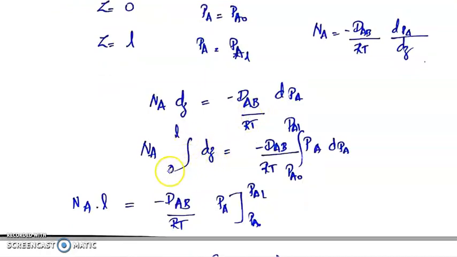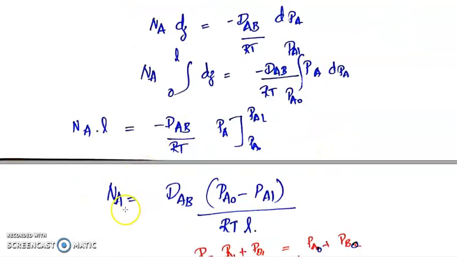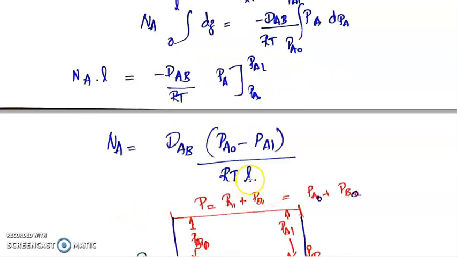So this is the integral from 0 to L of dz times NA, equal to minus DAB by RT times the integral from PA0 to PAL of dPA. Here PA is the partial pressure of A. Applying the limits, I get NA is equal to DAB (PA0 minus PAL) by RT into L. Here PA0 is the initial partial pressure of A where the diffusion started, and PAL is the final partial pressure of A to which the molecules were diffusing.